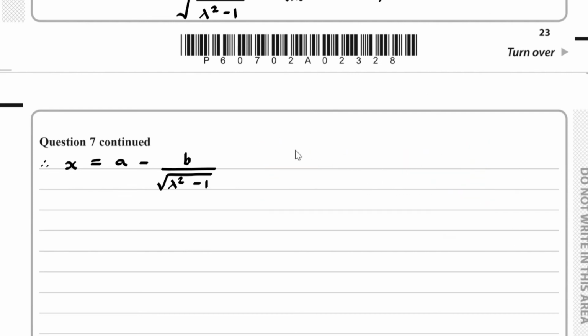So this condition satisfies x being less than a. And that's the result we wanted to show.